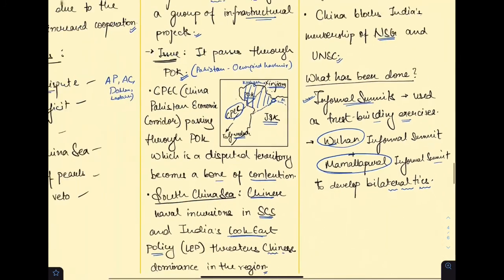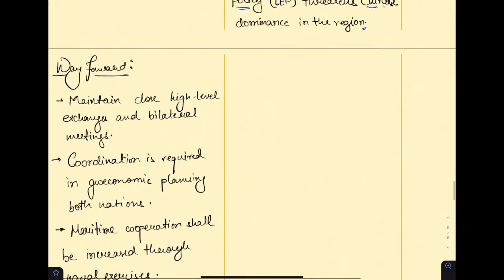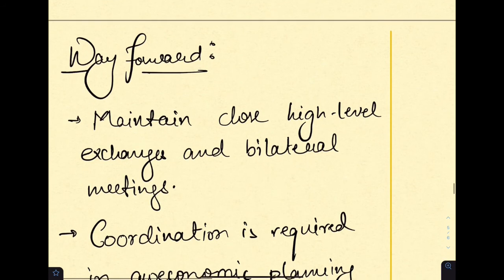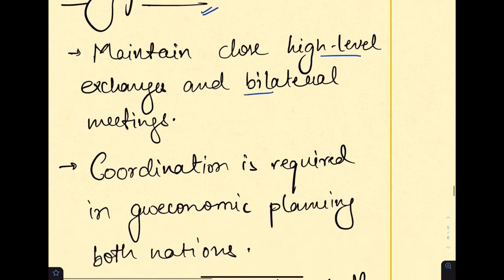Okay. Now the last thing we have to do in answer writing is the way forward, like how we can introduce a way forward. First, maintain high level exchanges in bilateral meetings. Of course, high level exchanges means the people at the prime ministerial position. So Prime Minister Modi and Xi Jinping.